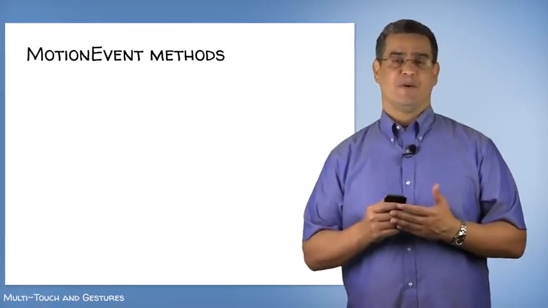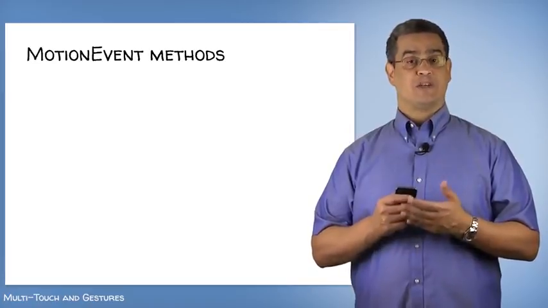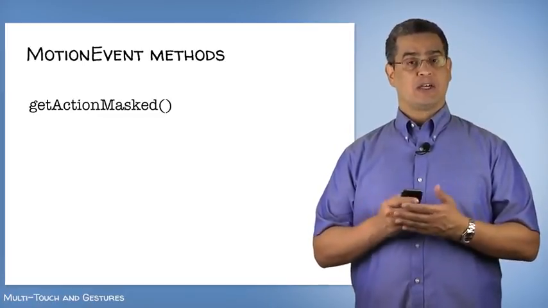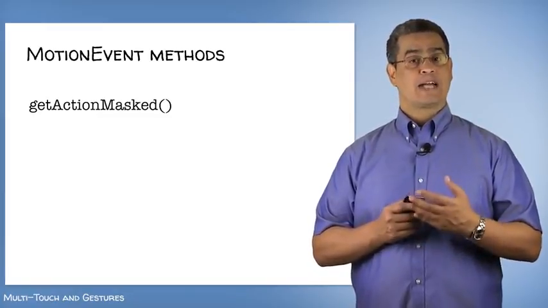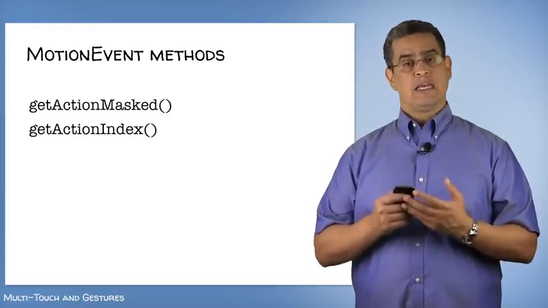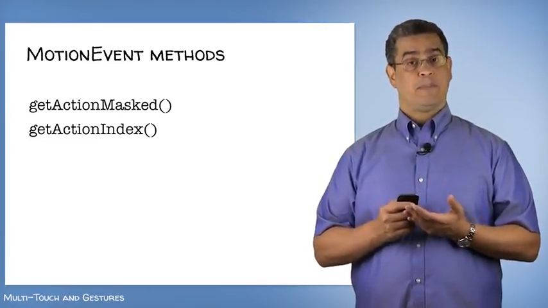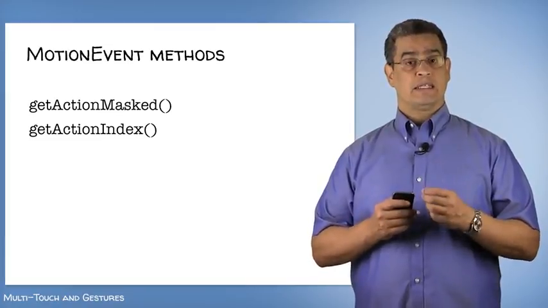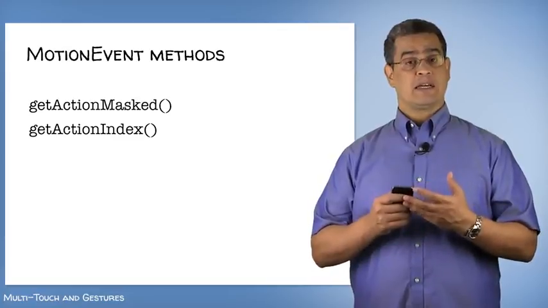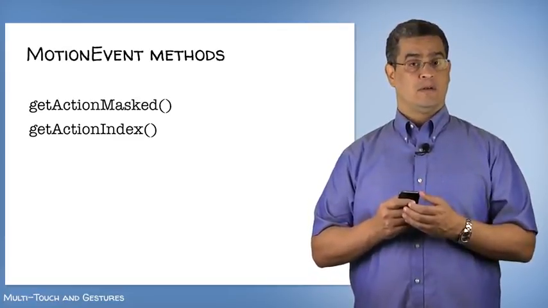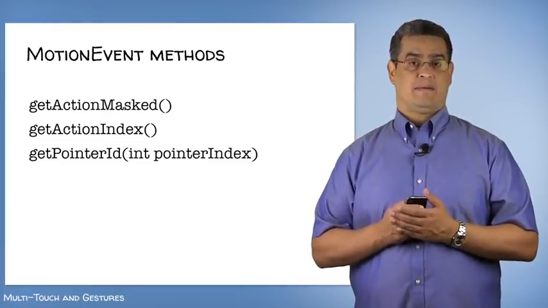When you need to process motion events, you can use some of the following methods. getActionMasked, which returns the action code associated with the motion event. getActionIndex, which returns the index of the pointer associated with this action code. For example, if the action code is action pointer down, then you can use this method to find the index of the particular pointer that has just touched down. getPointerId.